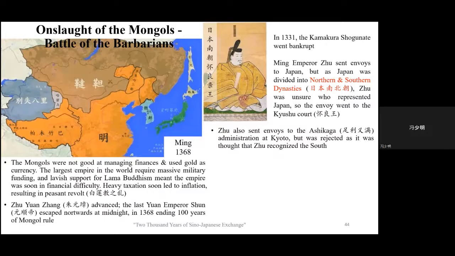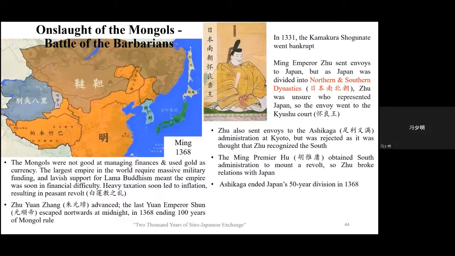He sent envoys to the Ashikaga administration, and then there was a lot of misunderstanding between the Ashikaga administration and Zhu Yuanzhang. At the same time, the Ming premier Hu obtained the southern administration's support to mount a revolt. So Zhu Yuanzhang now broke relations with Japan.